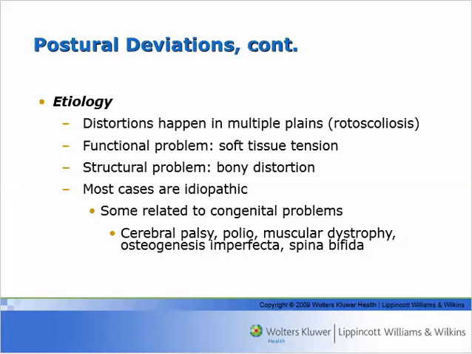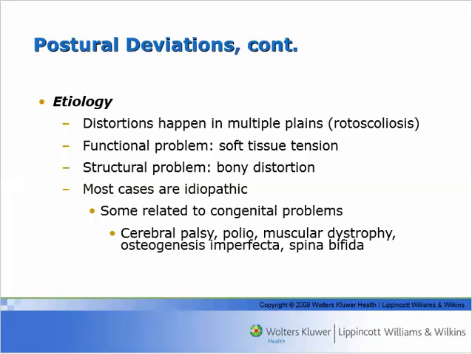Now, most of them can either have kind of a functional problem, in which case it's soft tissue tension, it's muscular tension, it's holding elements tension that is creating this problem. And that is usually correctable. Ultimately, it's correctable. Or it could be a structural problem.